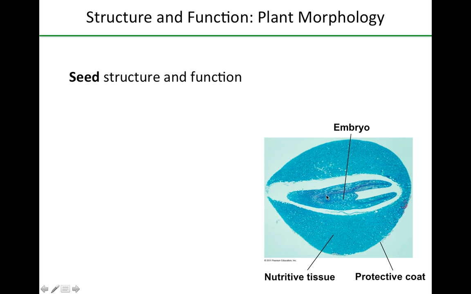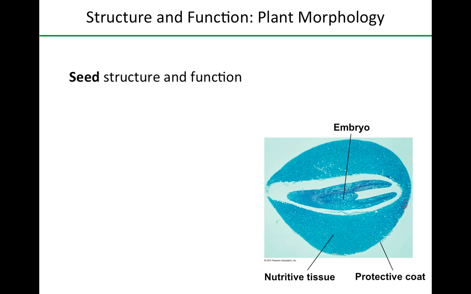Okay, so the seed is what forms after sperm has successfully fertilized an egg, so in an ovule. So the zygote forms into an embryo. So this is a really small individual, so this is a diploid. The seed also has nutritive tissue, and then the outside of the seed has this tough protective coat. Okay, so that's the structure.